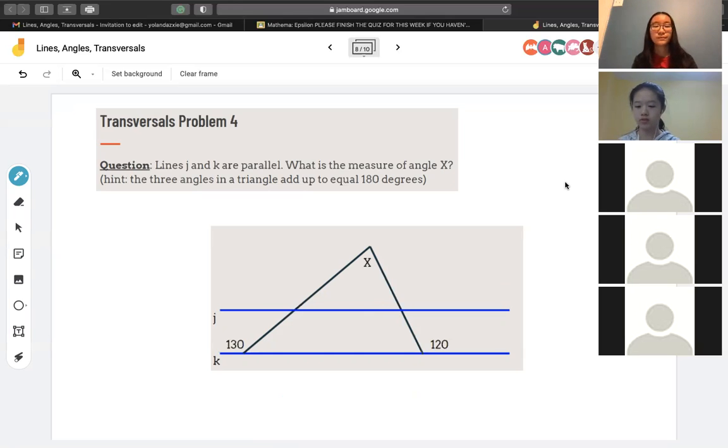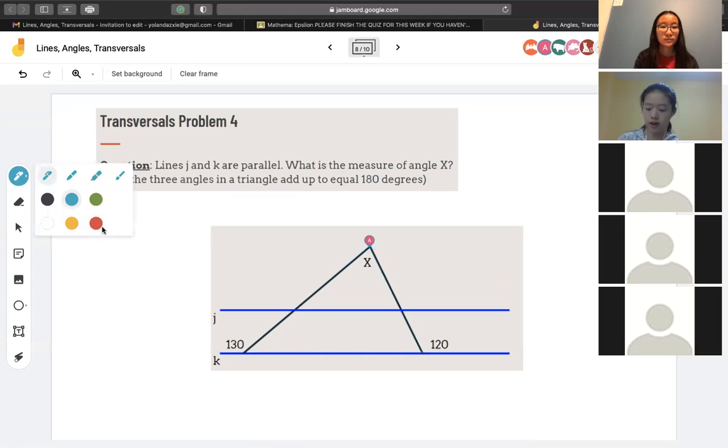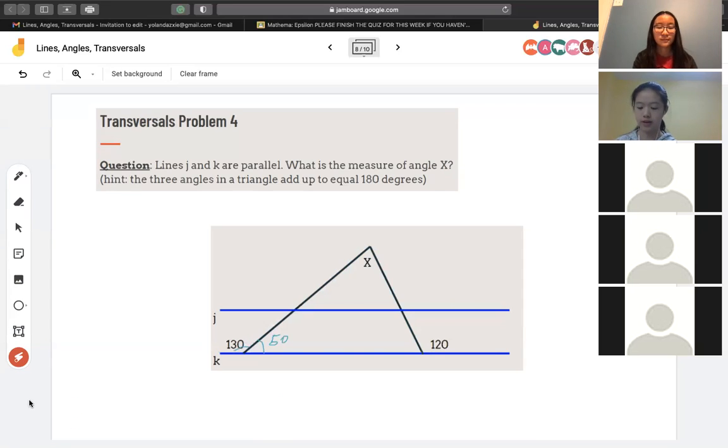Okay, so to do this problem, we're looking for angle X. In order to find it, we need to find the measure of the other two angles in the triangle. This angle here would be 50 degrees because this angle and this angle are supplementary.